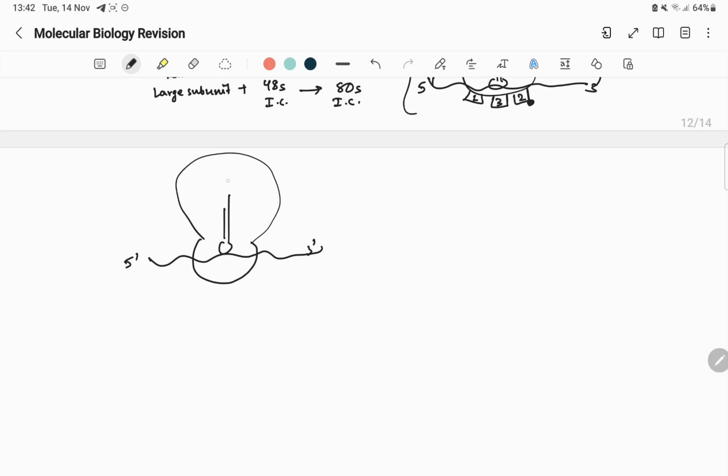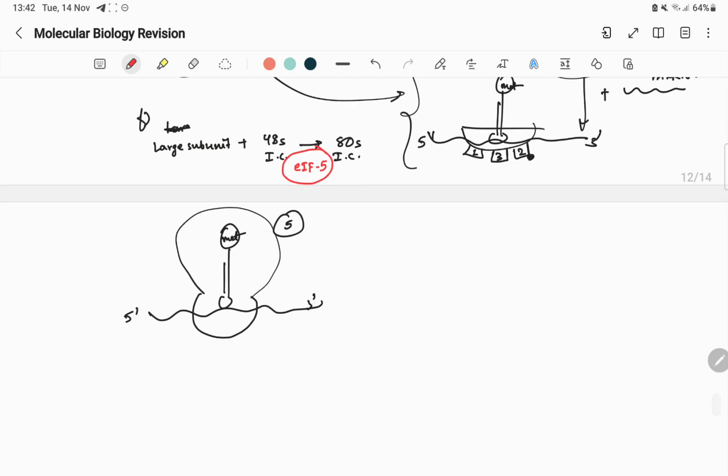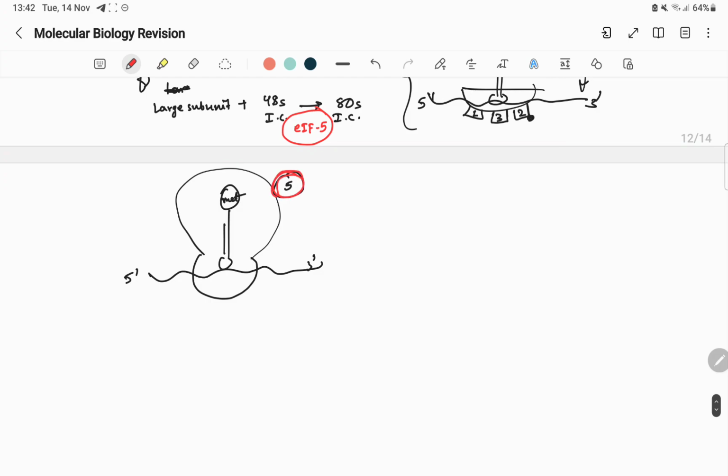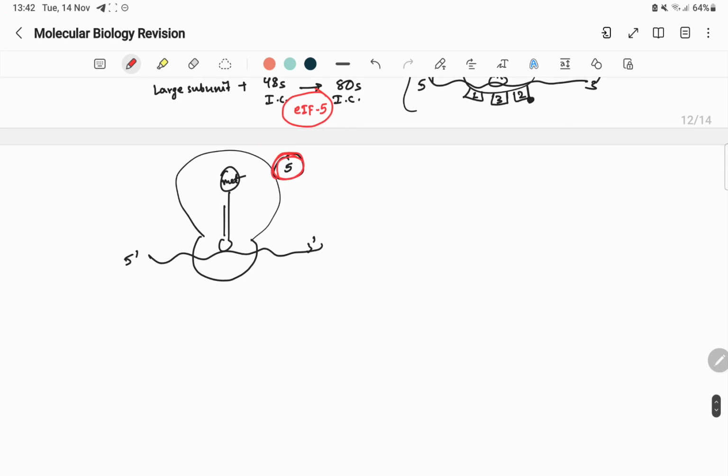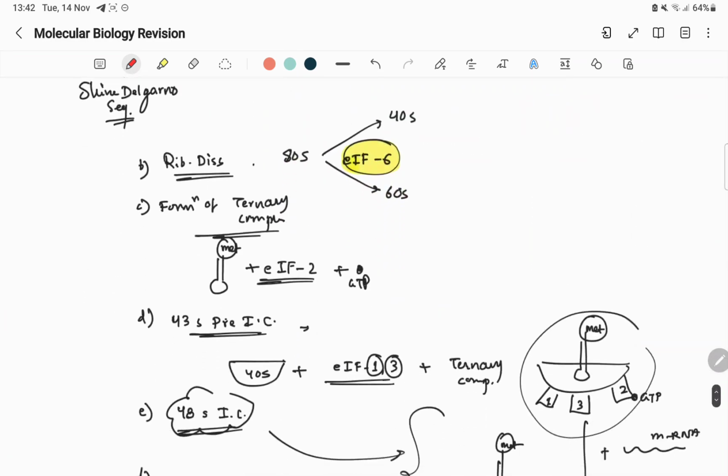There will be the methionine tRNA, and eukaryotic initiation factor 5, eIF5, will be there. Only 5 will remain, all others will dissociate. And this complex formed will be called the active 80S initiation complex. So initiation is completed here.